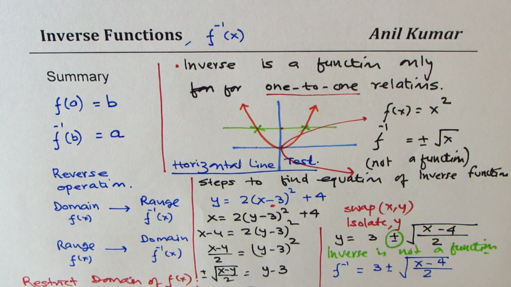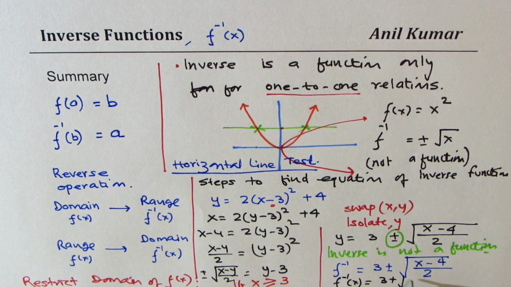So I could do if x is greater than or equal to 3. In that case, we could have got the inverse as a function, which we may write like this: 3 plus square root of (x minus 4) over 2. So we are saying if x is greater than 3 for the function, right?